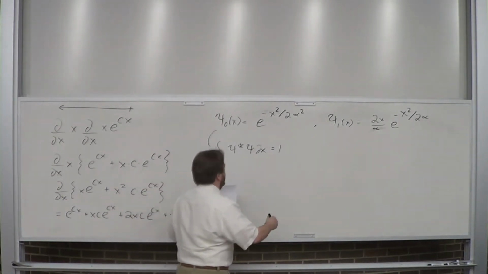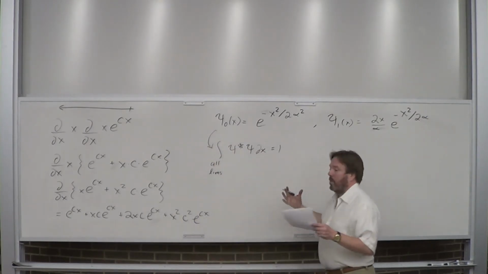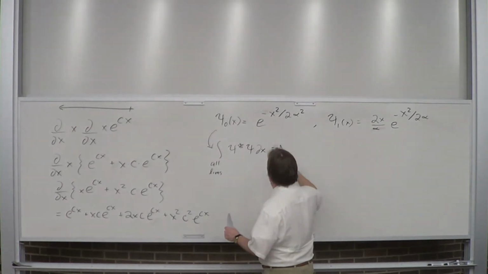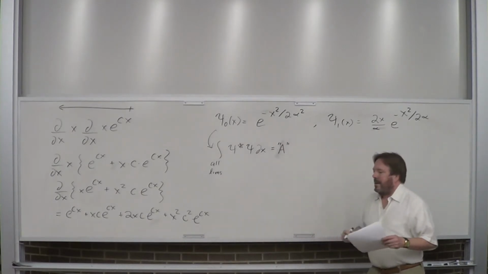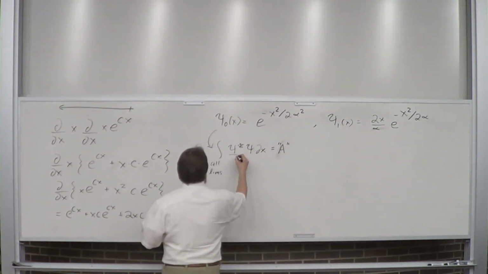Now, the problem is that you're not going to get the number 1. You're going to get something like the letter A. So let's say that you get something, I'm just going to call it A. Now, how would you make this normalized?